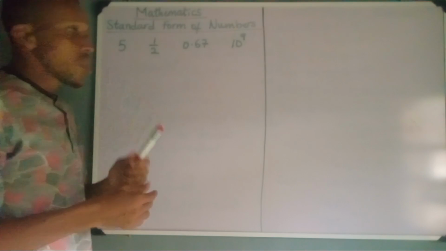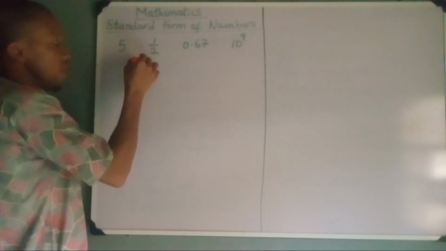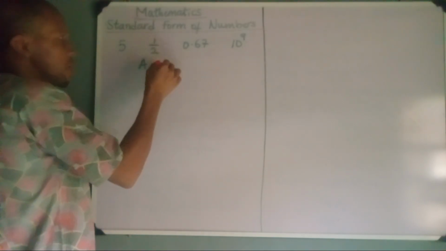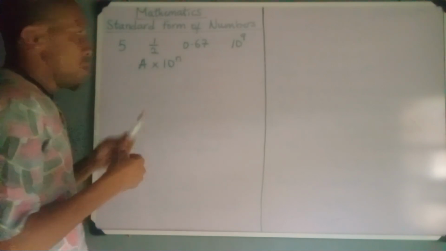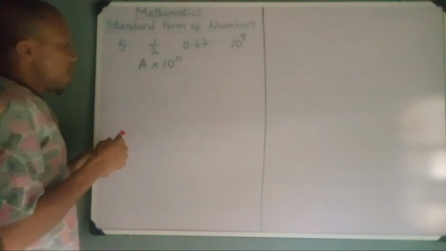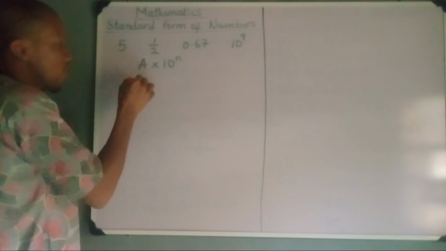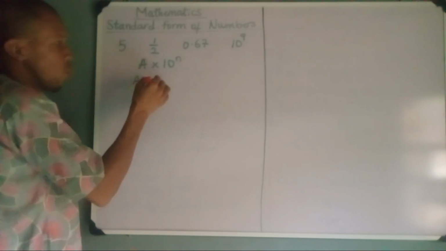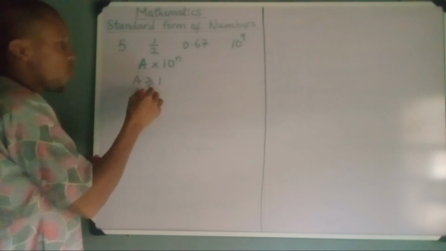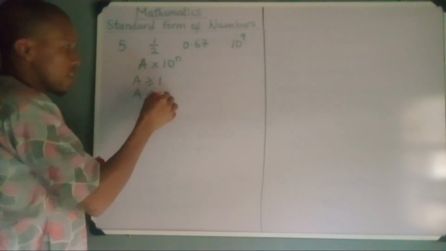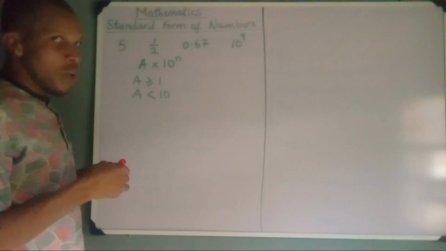Now, numbers written in this form, a times 10 raised power n, are said to be in standard form. What exactly is a? A will be greater or equal to 1, and a should be less than 10. What do we mean?